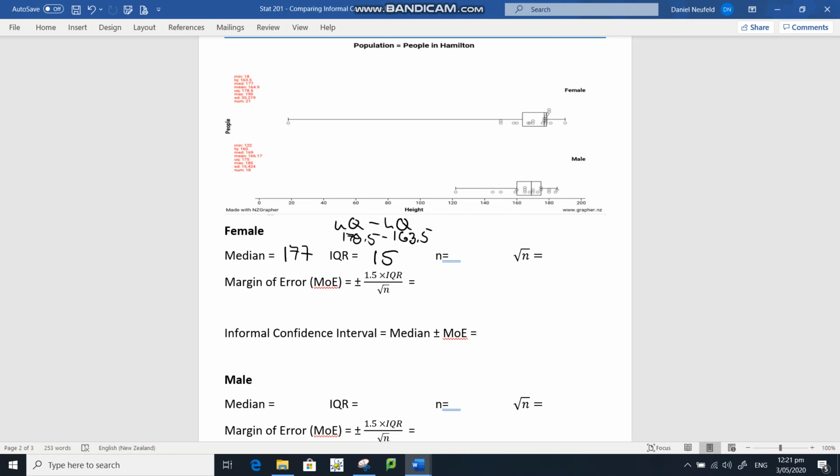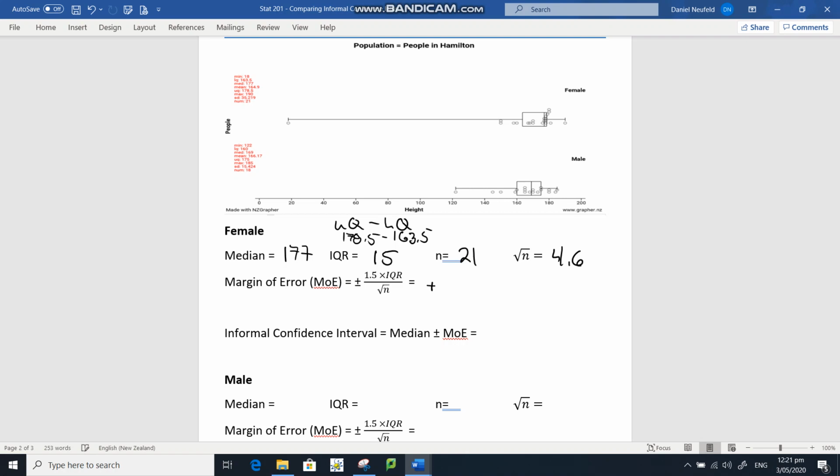The gap in between here and here. Number of people is 21. And what we want is the square root of that number. So square root of 21 equals 4.5. For our sake, we'll just round it to 4.6. Okay, so that's the square root. I put it all into our equation.